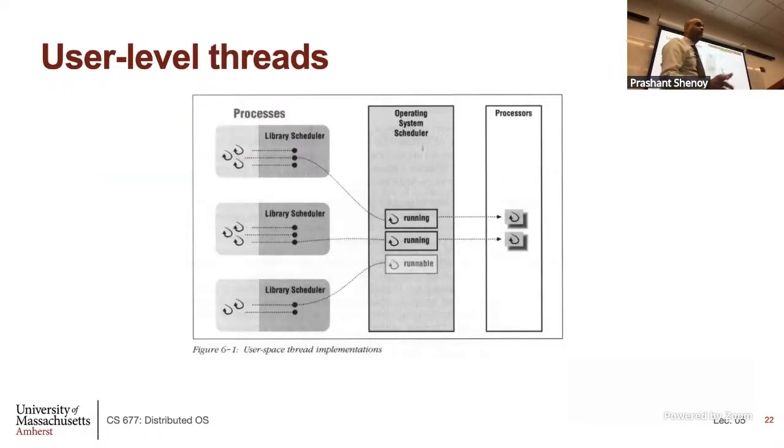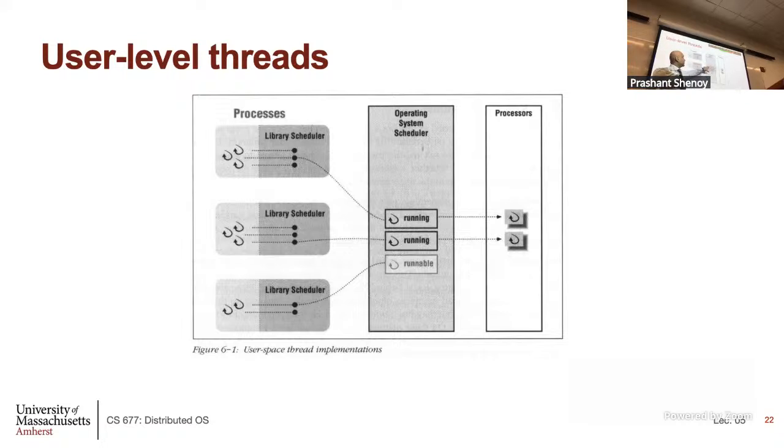So here's a picture of user level threads. You have three processes. Each process, these arrows here, are threads. You will see that there's a library scheduler, and then there's the OS scheduler and processors or cores. Each of these processes is seen by the OS scheduler as a single threaded process.